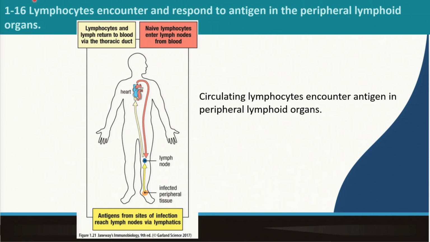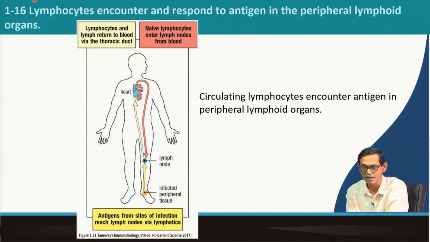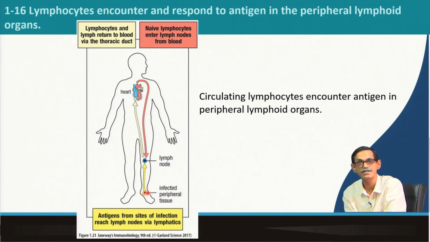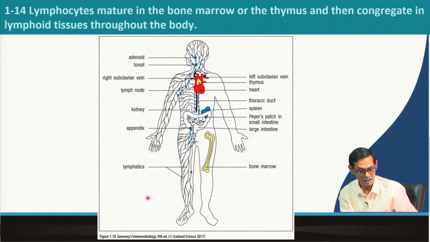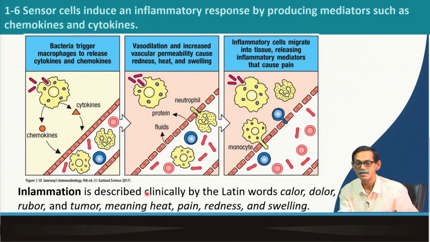we are talking about circulating lymphocytes encounter antigen in peripheral lymphoid tissue. If you see the picture carefully, this is the place in the leg, in the foot actually, the infected peripheral tissue. So, there is some infection here. Okay. So, what happened in infection, if you remember, the first thing that happens is the innate part of the immunity, and this is the inflammatory response.